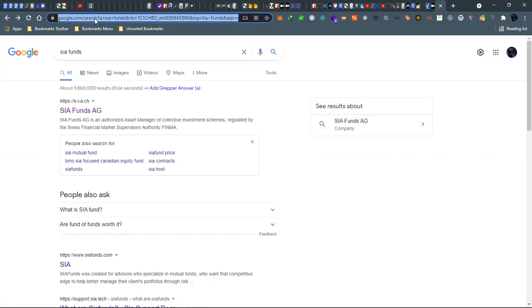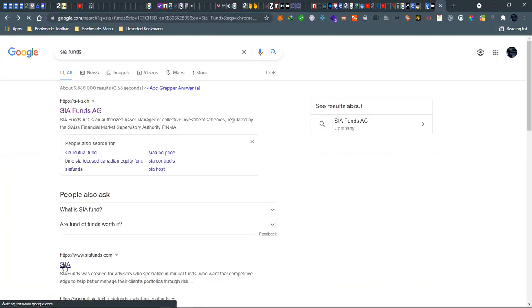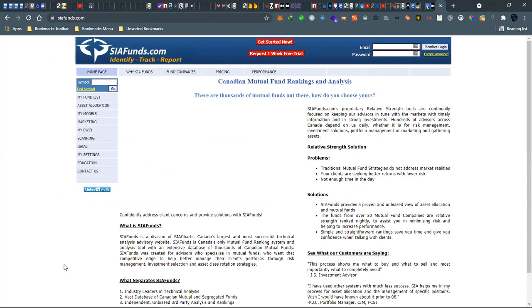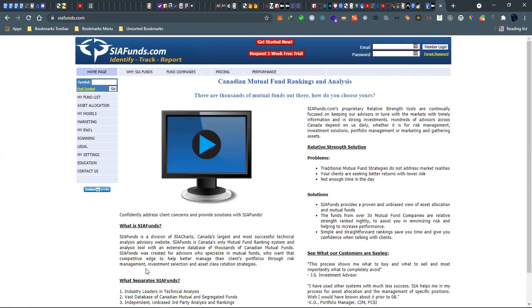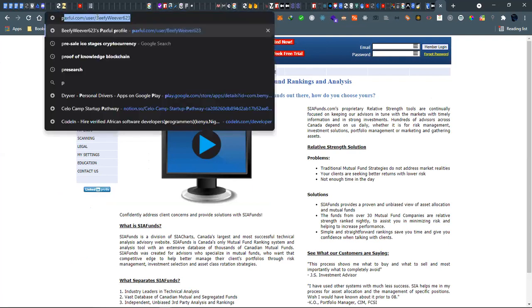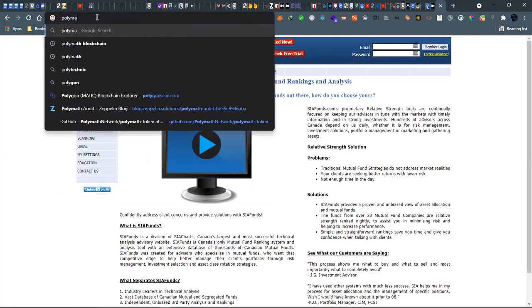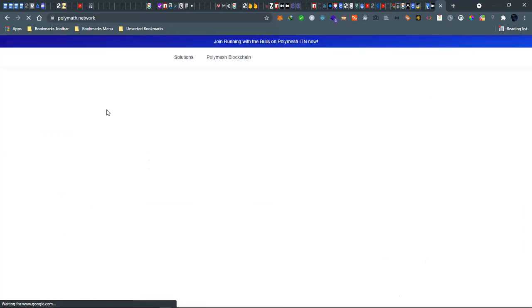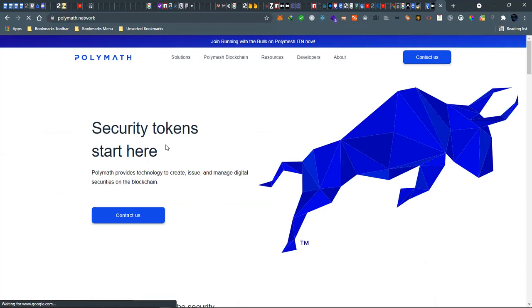And then we have this one, which is the official one. And then we have another one, Polymath, a security token solution.